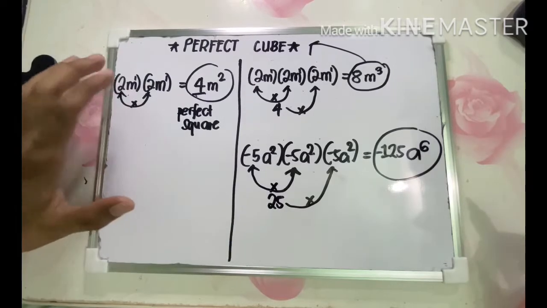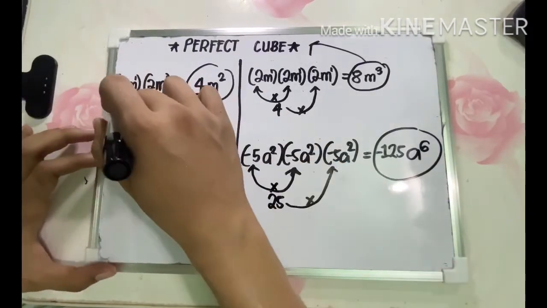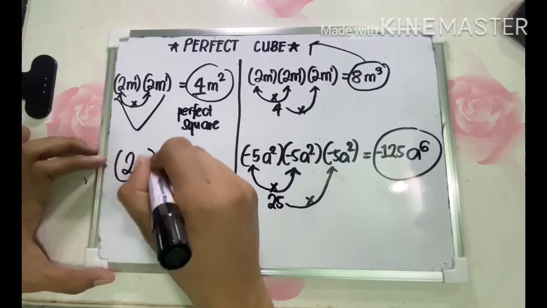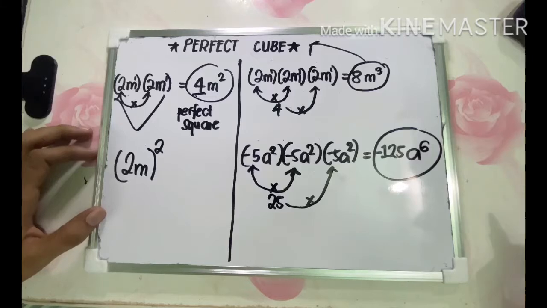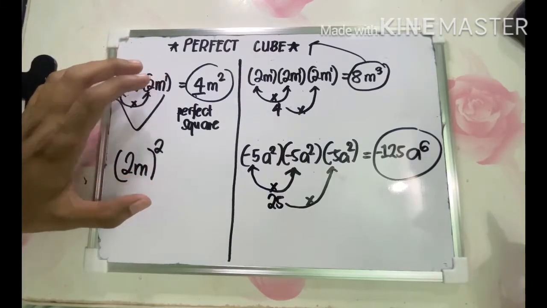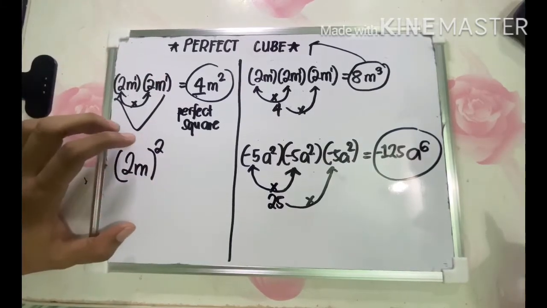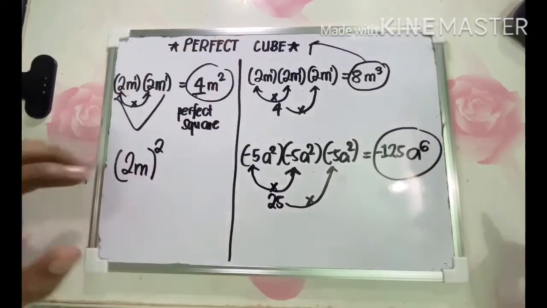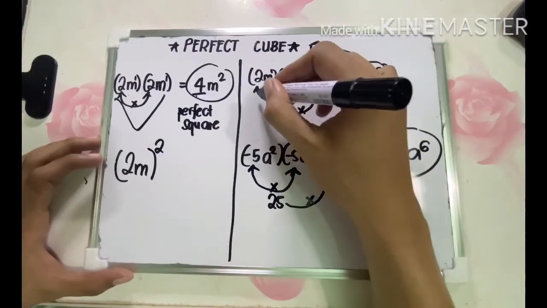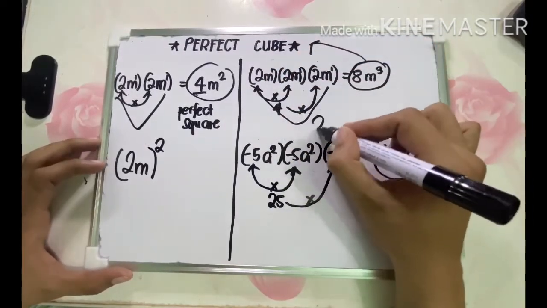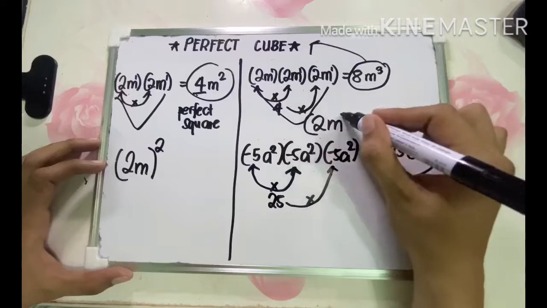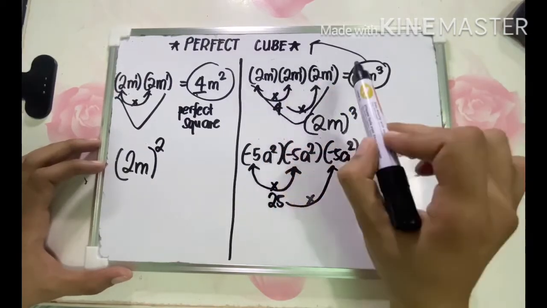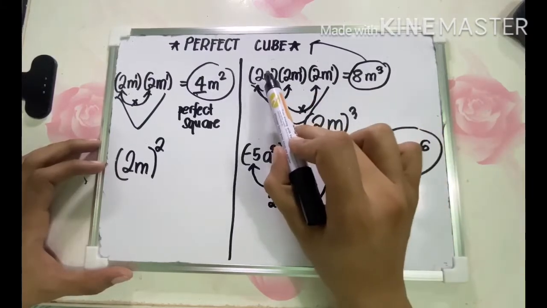So in this perfect square, this 2m times 2m can be written as the quantity of 2m raised to 2. So for a perfect square, there should be an exponent of 2, or the whole term is raised to 2. In the perfect cube, the whole term can be written also as the quantity of 2m raised to 3, because we multiplied that term by itself three times.